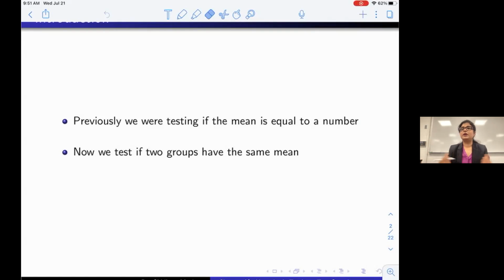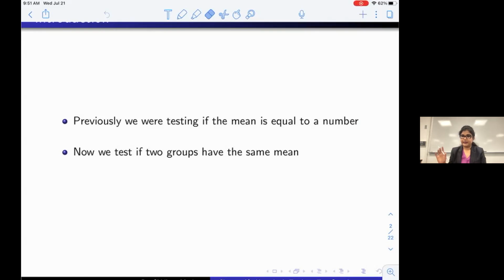So now we are going to compare those population parameters for those two different groups. How can we do it? In this case, we will test if two groups have the same mean, or the same averages. This is what you will most probably see in your claims.